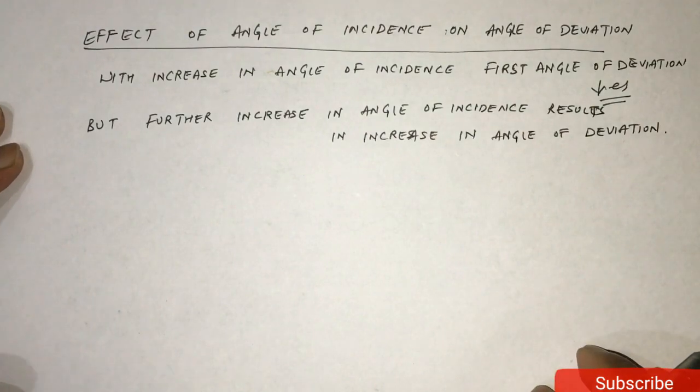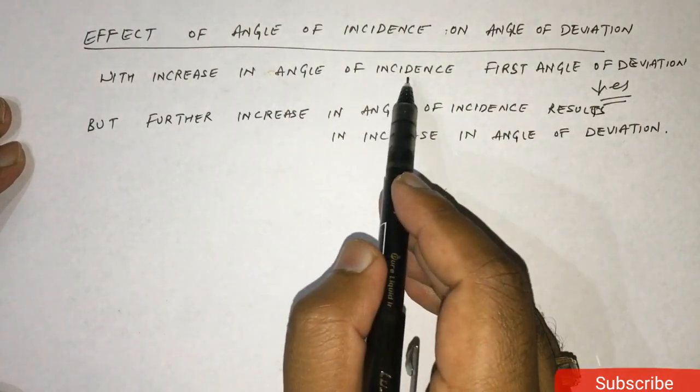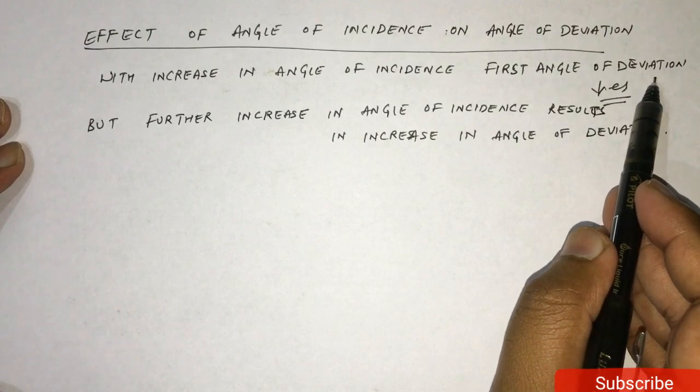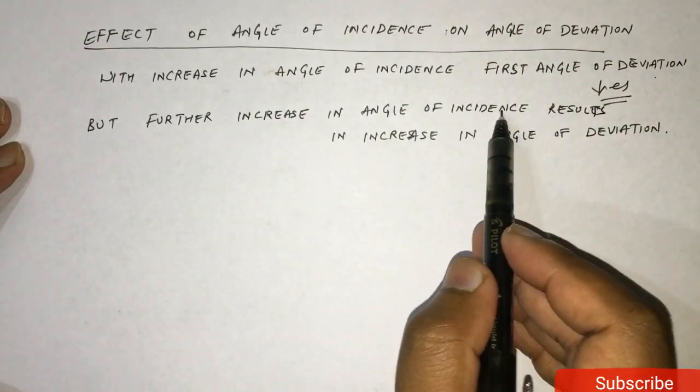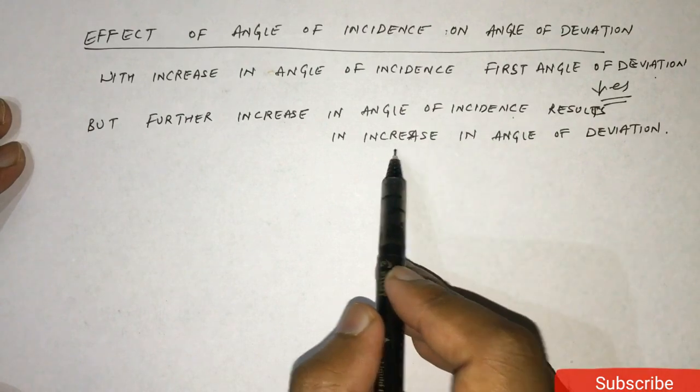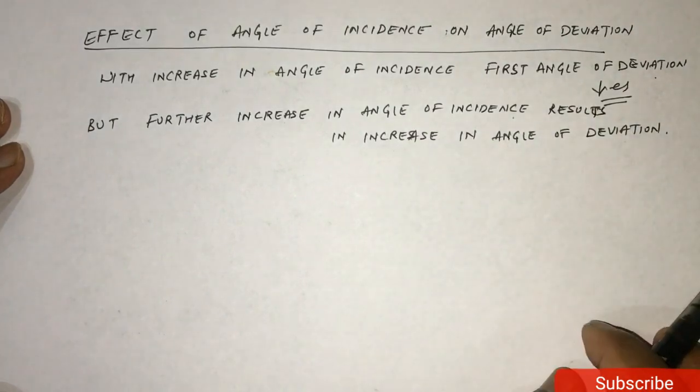Clear? So first, when you increase the angle of incidence, the angle of deviation decreases, but if you increase this angle of incidence further, this results in increase in angle of deviation.